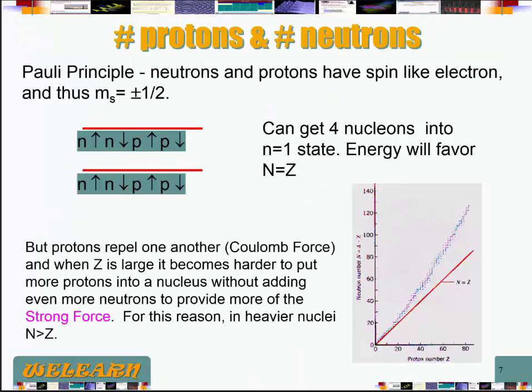We are not going to get into much detail about this, but from what I hope you recall, atoms have a structure that's determined by certain rules. Those rules determine for us how many electrons we have in each of the shells.